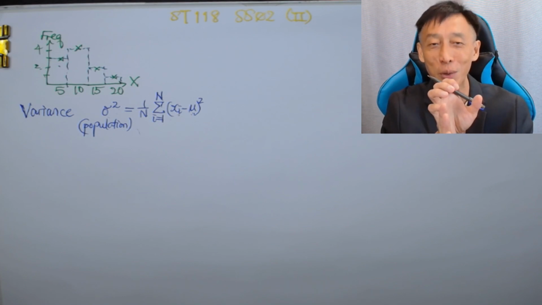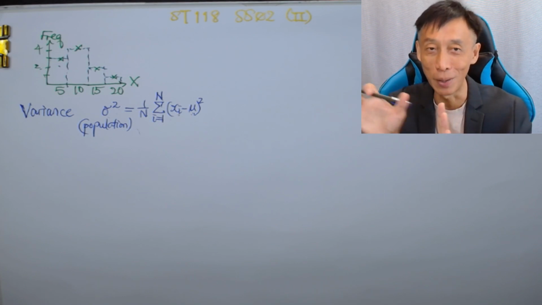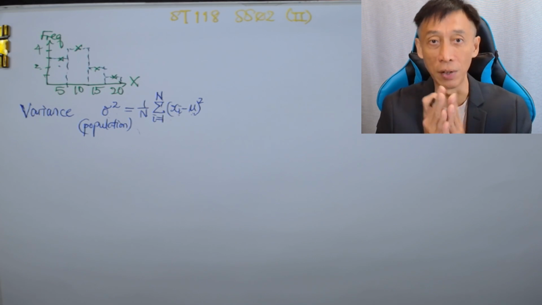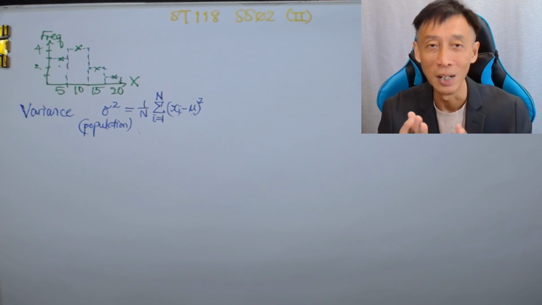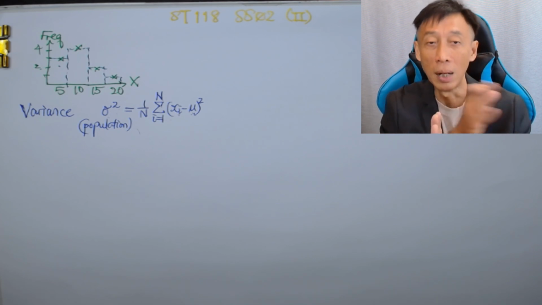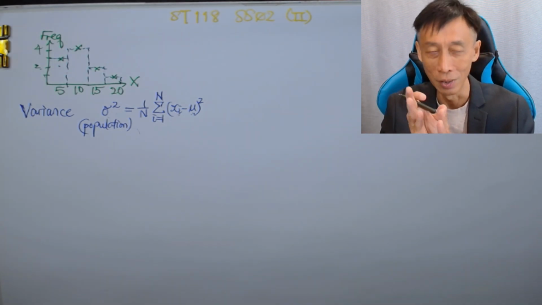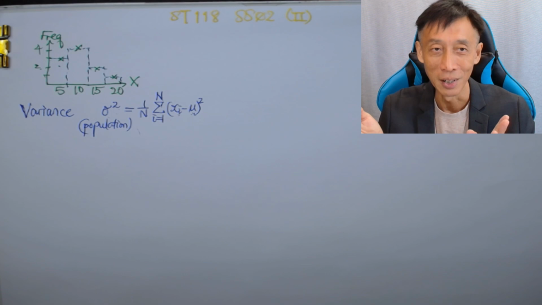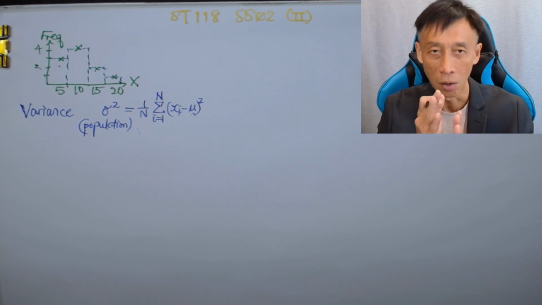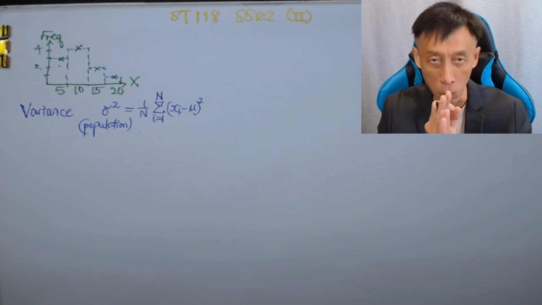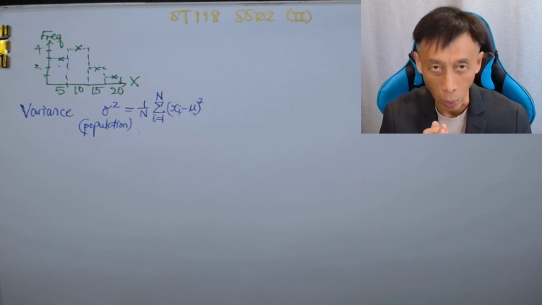If you have a negative 10 and a positive 10, they cancel out, as if there's zero vibration. That's not true. In fact, it's even worse: minus 10 and plus 20 don't cancel out to give you a reduced vibration. They give you an extended vibration, a larger shaking of the center of gravity mu. So that's why we want to square it.